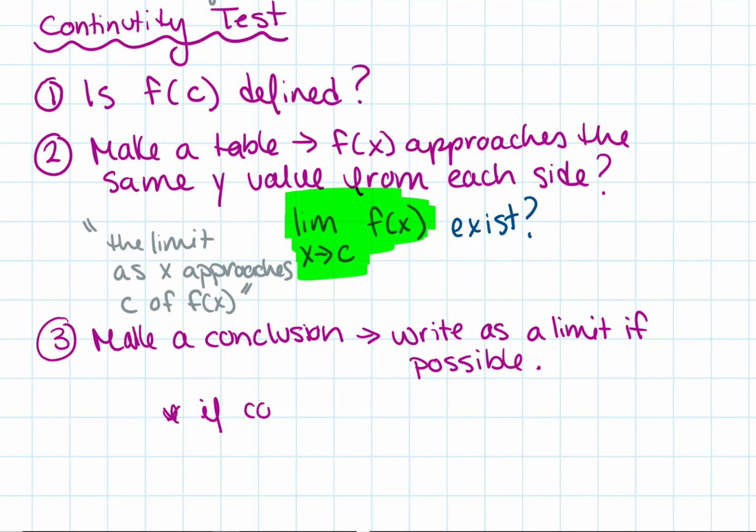And if it's continuous, we'll write the limit as x approaches c of f of x is equal to f of c. Now this may not mean much to you right now because we haven't applied it, but just make sure you make good notes so we can follow them step by step when we're together.